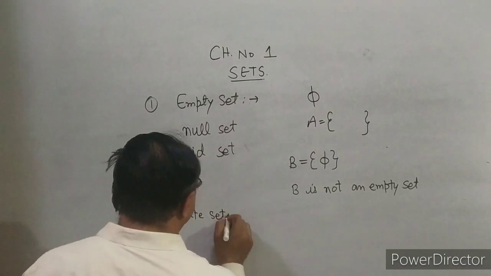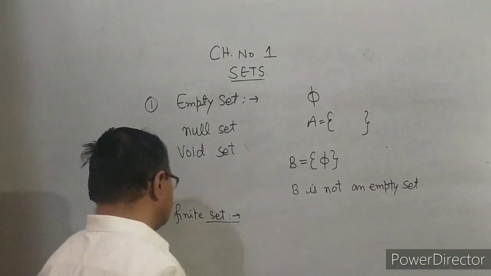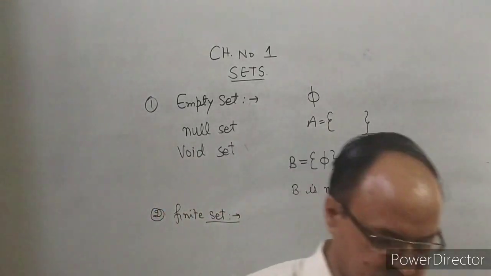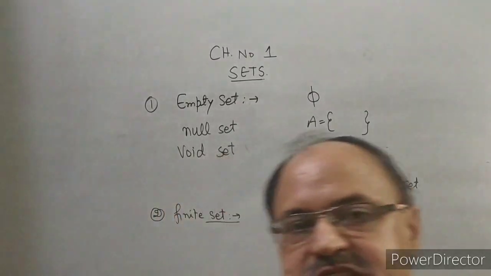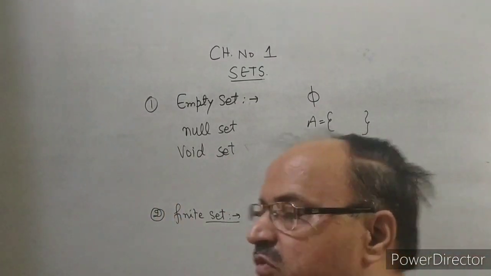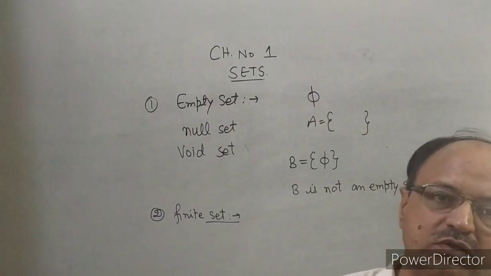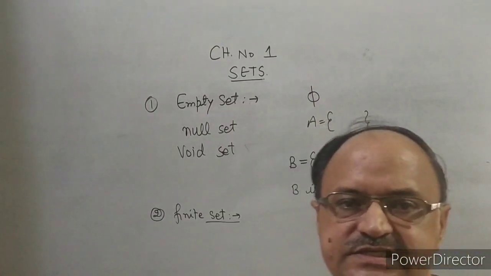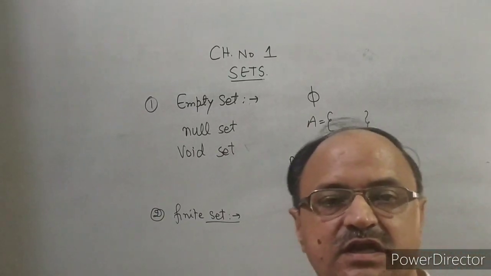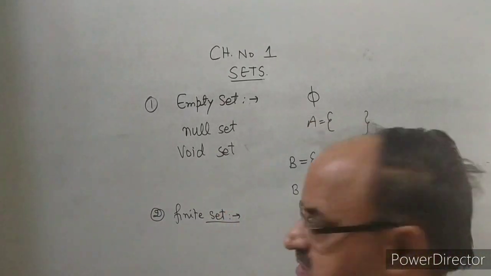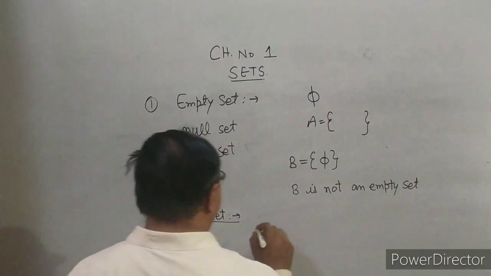Finite set. A finite set means an empty set or a set consisting of a finite number of elements. Finite set means the set which contains a finite number of elements.